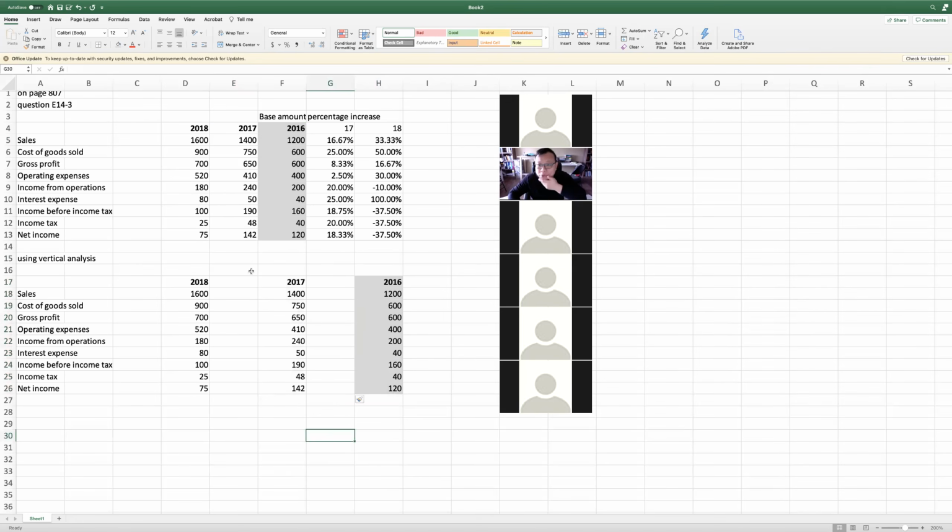So what I'm going to do for vertical analysis is, sales is the largest number, right? You can see sales is the largest number. I'm going to use the sales as a base.